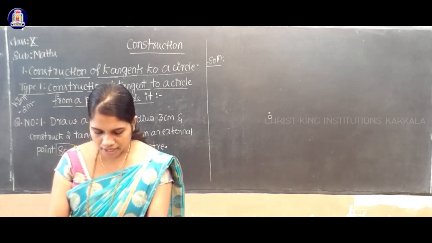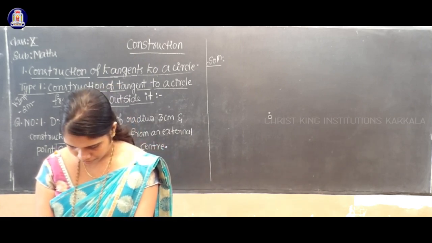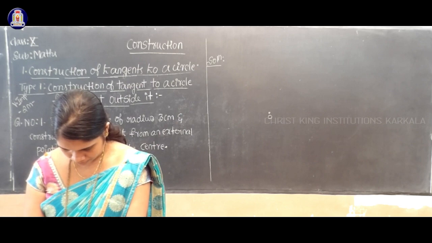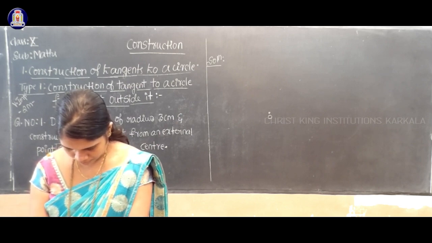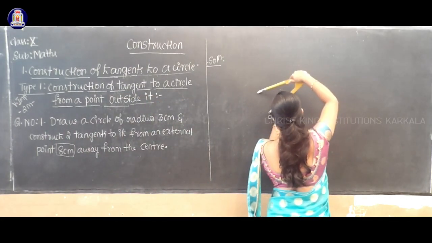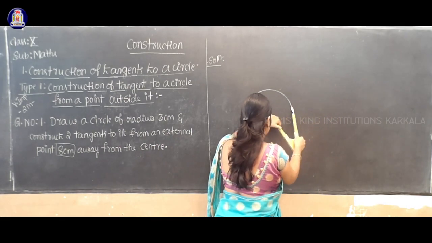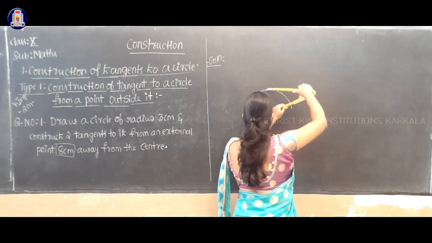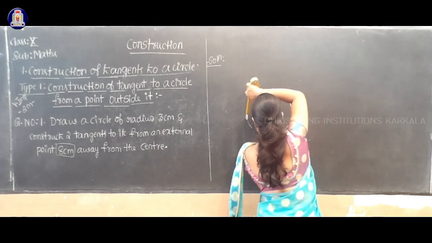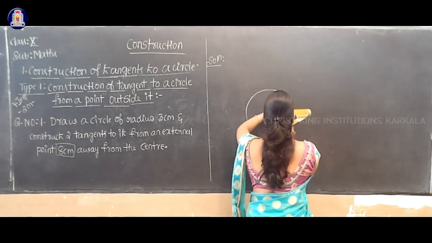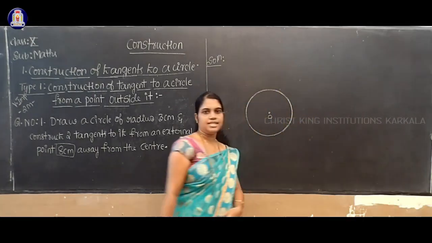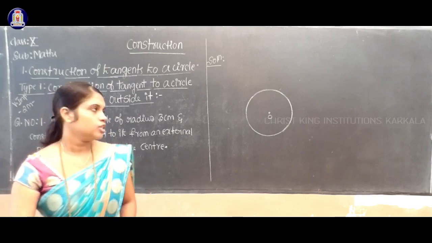Therefore take 3 centimeter as a radius and draw one circle.